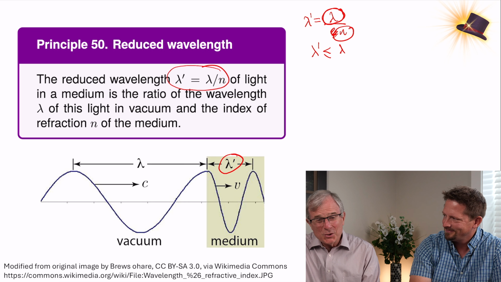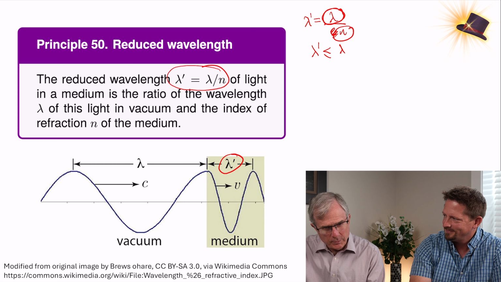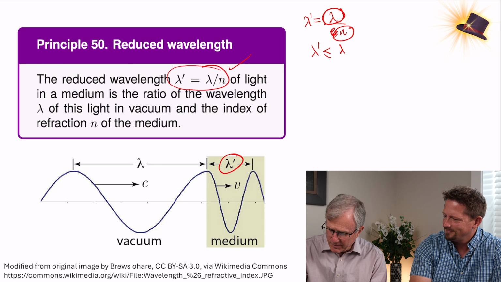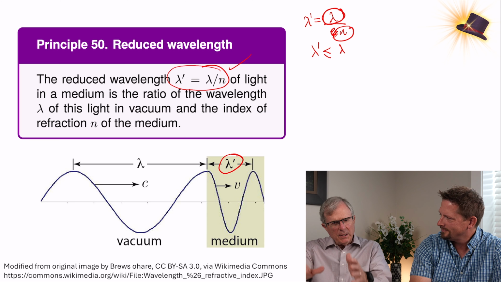I'd like to just show you a quick derivation. It's a really simple derivation, but it tells you something about light when it enters a medium. The important key for this derivation is to note that when that wave enters the medium, comes into the glass or the water, the oscillation frequency is going to be the same in the medium as in the vacuum.